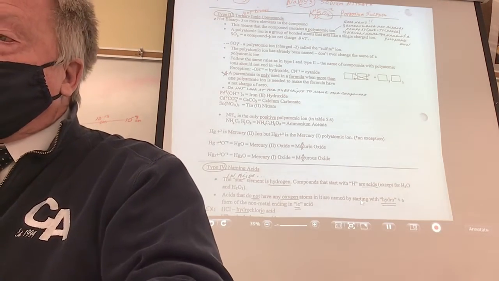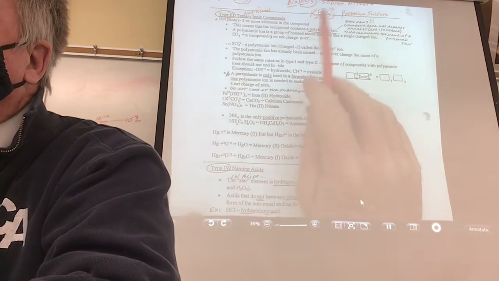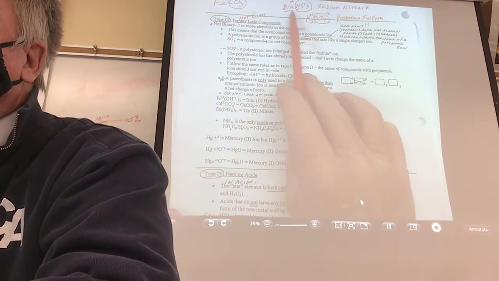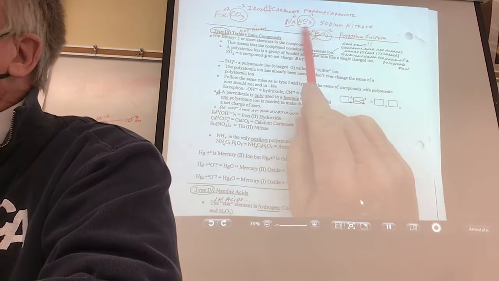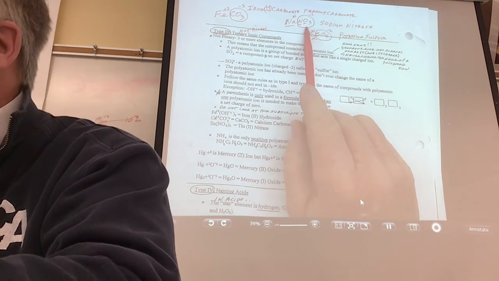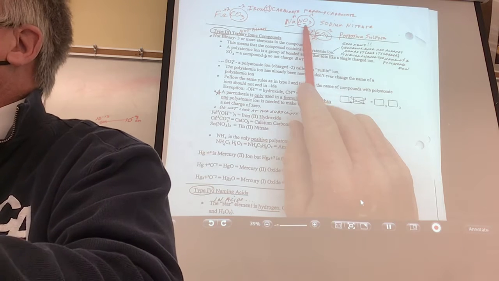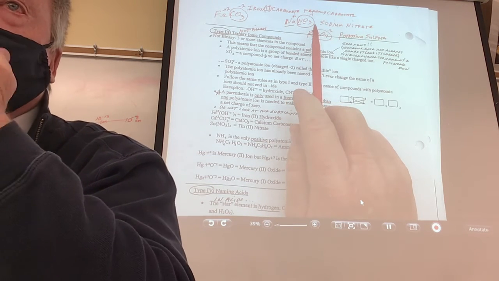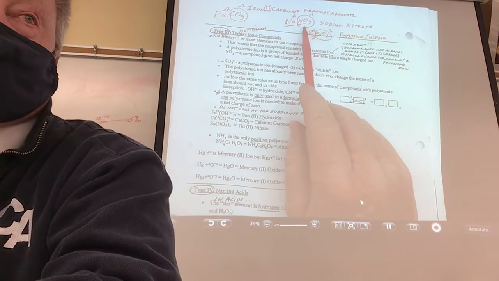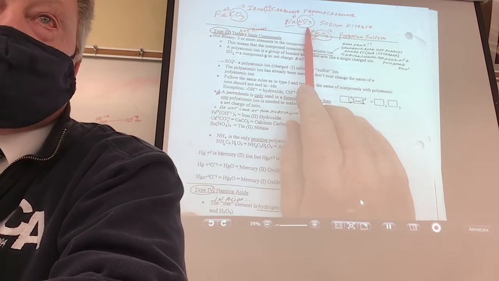All right, so here we go. Let's pick an easy one right here. I have some good news for you. If it's more than 2 elements, if it's not binary, it contains a polyatomic ion. Good news number 2: someone else has already named that polyatomic ion.